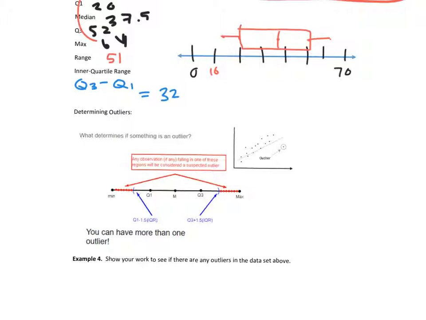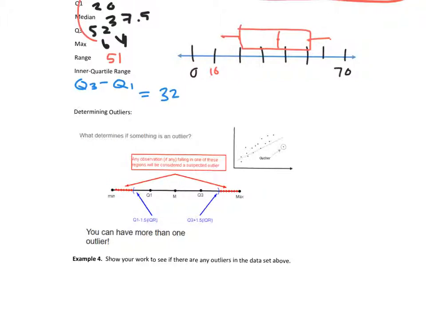You can definitely have more than one outlier. The formula is: take your Q1 and subtract 1.5 times the IQR, which is the interquartile range, and then take your Q3 and add 1.5 times the IQR.